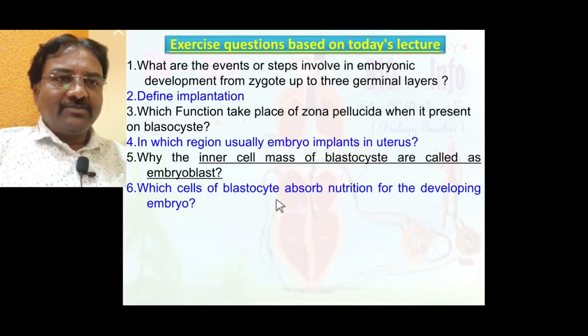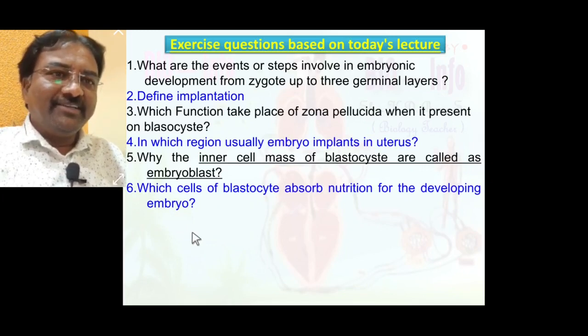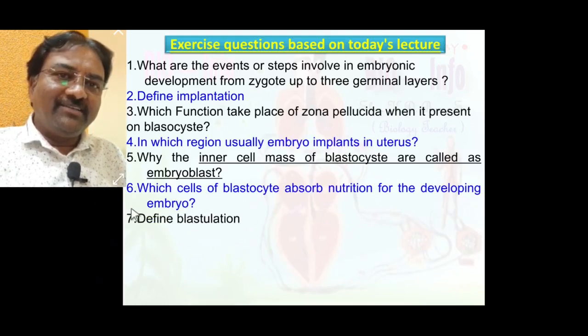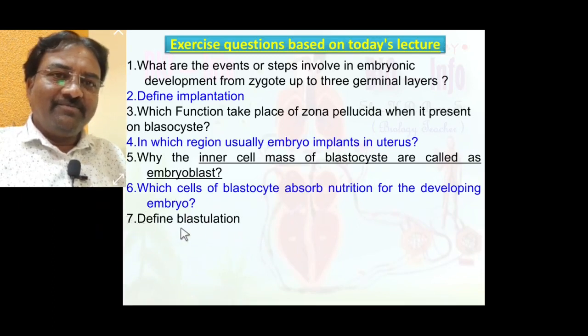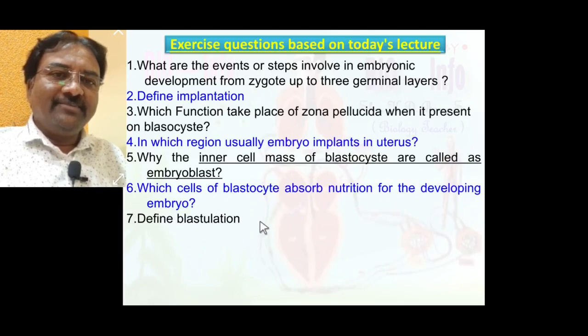Which cells of the blastocyst absorb nutrition for the development of the embryo? Yes, the trophoblast cells absorb nutrition for the developing embryo. Define blastulation. Yes, the formation of a hollow, fluid-filled multicellular structure from the morula is called blastulation.